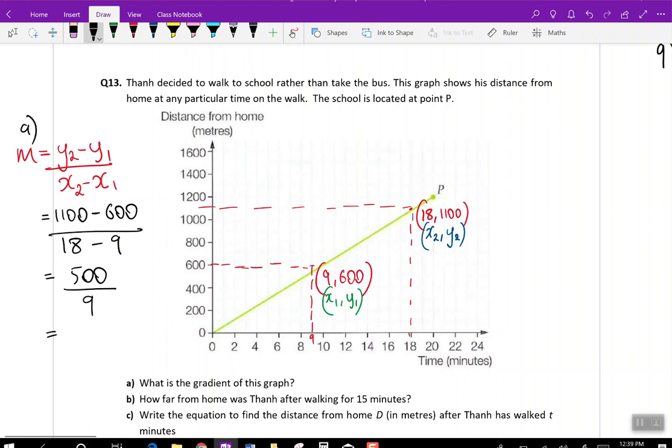What's 500 divided by 9? I got 55.5, and that's your gradient, m.